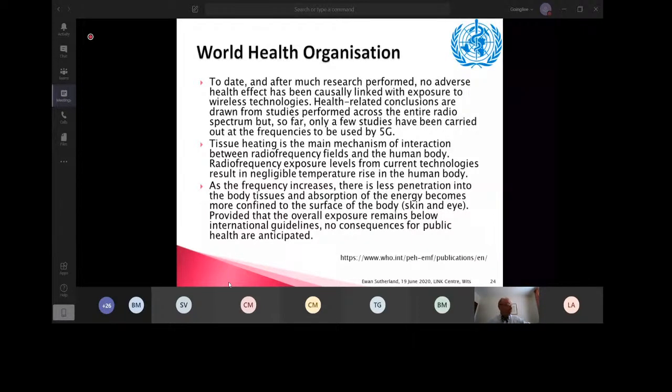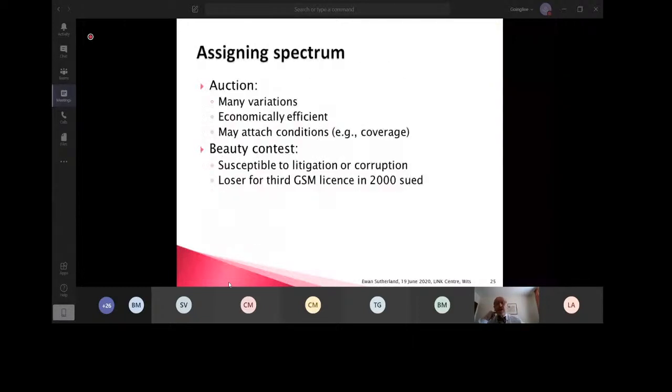Right. We have typically assigned spectrum in the past by auctions. There are any number of ways that you can auction spectrum, but that's not an African perspective. Relatively few auctions have been conducted in Africa. There was one moderately successful in Nigeria. More typically, they have been by what are known as beauty contests.